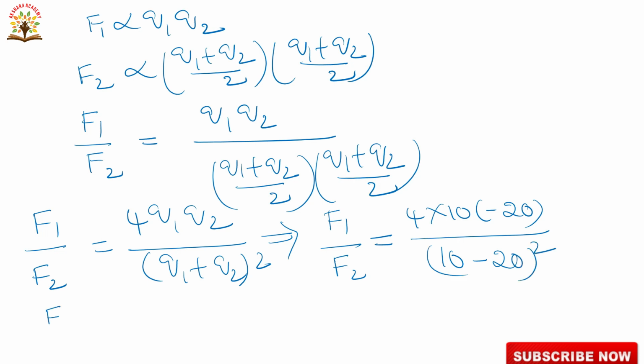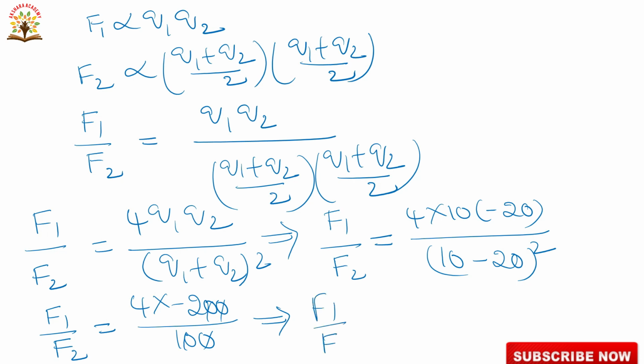So 10 times 20 is 200, so 4 into minus 200 by 10 minus 20, which is minus 10, whole square, 100. So the zeros get cancelled. So we get the ratio of F1 by F2 as minus 8 by 1. Okay, minus 8 by 1.